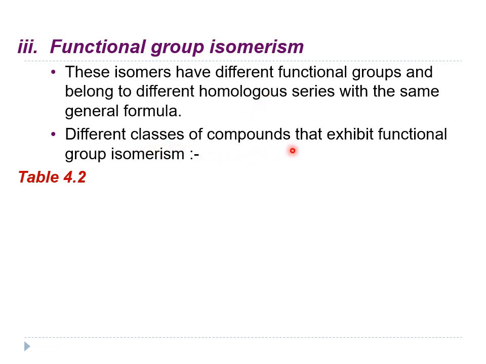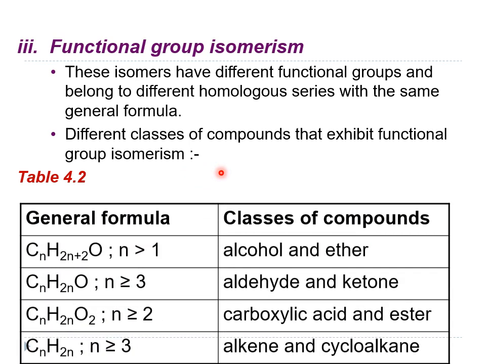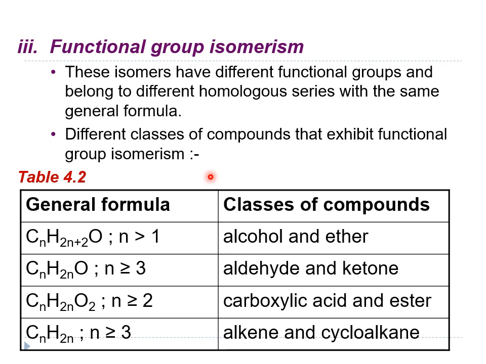Different classes of compounds that exhibit functional group isomerism are shown in table 4.2, but they are in pairs. If you have an alcohol, the functional group isomer would be ether. If it's aldehyde, the partner is ketone. Carboxylic acid is with ester, and alkene would have a partnership with cycloalkane.